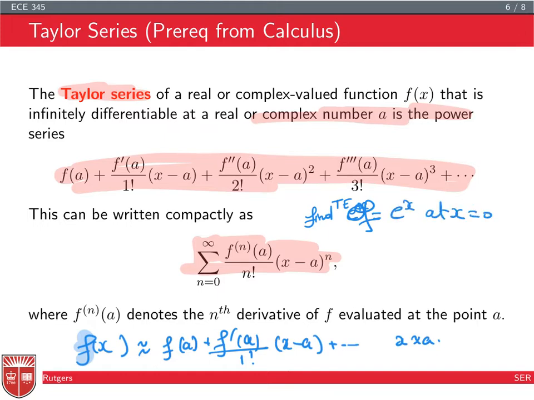Of course, if you want to approximate e to the x, let me just apply the formula here. I know that the Taylor series expansion of e to the x at 0 starts with e to the 0, so f of 0 here, right? So I'm applying this f of a, so f of 0 is 1.